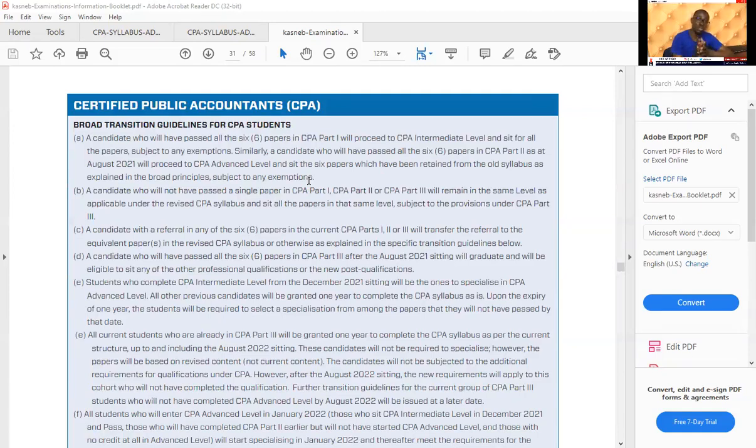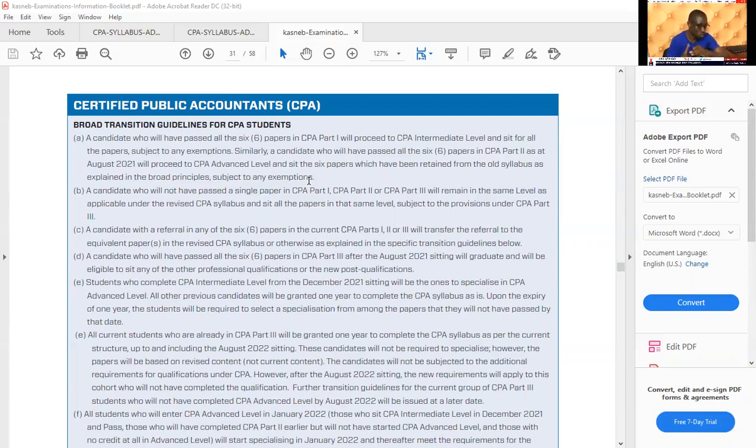What you should understand is that, while proceeding to the advanced level, you are going to sit for the papers which have been retained under this new syllabus. They used to be there. But mark this point: you are going to sit for these papers, yes, but with the revised content. That is what should click at the back of our mind, with the revised content.